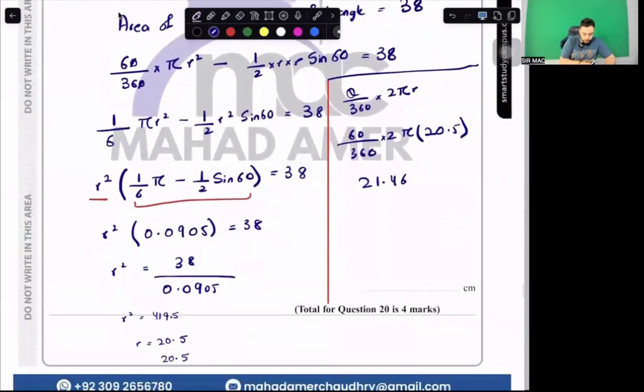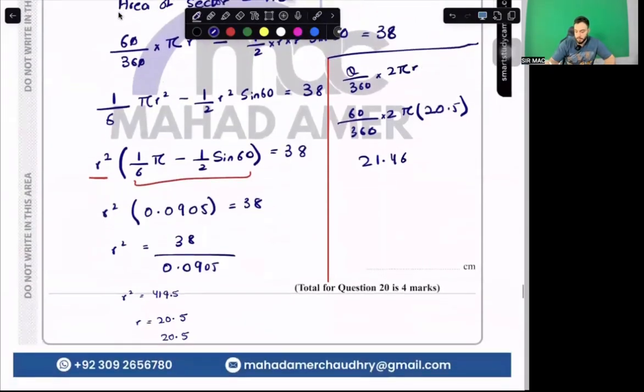So 21.46 plus 20.5, the two lengths, equals 42.9 something, 42.9, and that's going to be your answer.